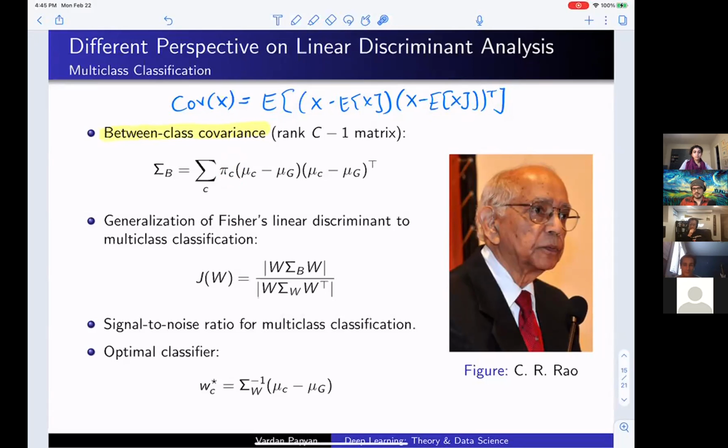Now, recall that in addition to the between class covariance, we also have the within class covariance, which was sigma w, right? Between class, within class. Now, what Rao said was, in order to generalize the Fisher linear discriminant analysis to multi-class classification, let us consider this function.